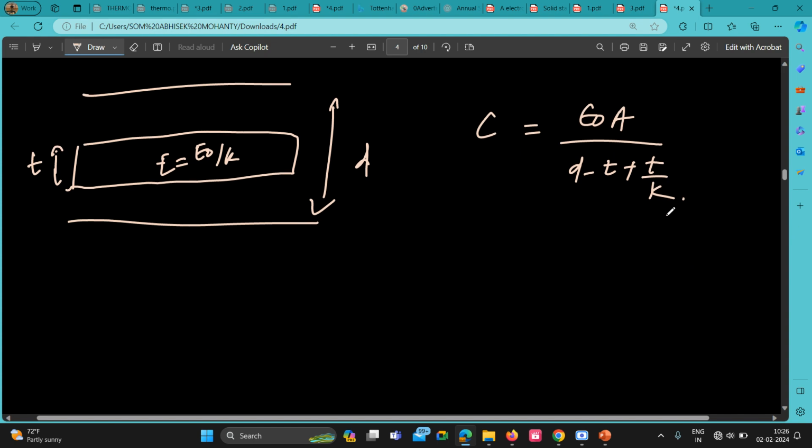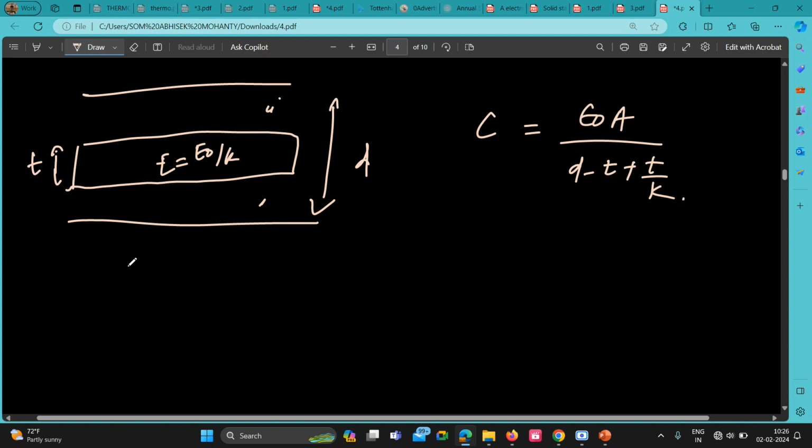Why t by K? Because K will be divided, since this region is dielectric. The d minus t region is free space, and this region is t by K.